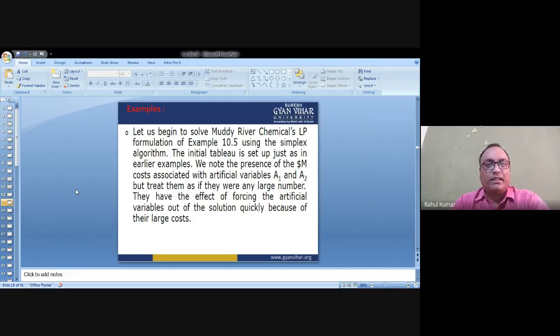We note the presence of a $M cost associated with the artificial variables, A1 and A2, but treat them as if they were any large number. They have the effect of forcing the artificial variables out of the solution quickly because of their large cost, right?